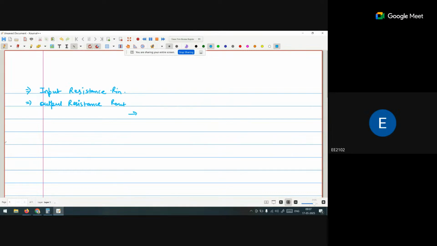Along with that, we discussed the negative feedback of op-amp, why positive feedback is not used, and how to identify the terminals of op-amp.